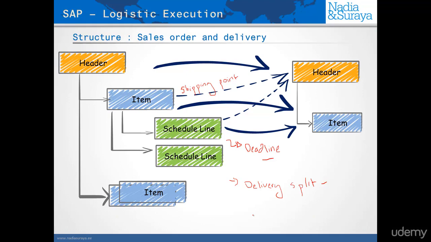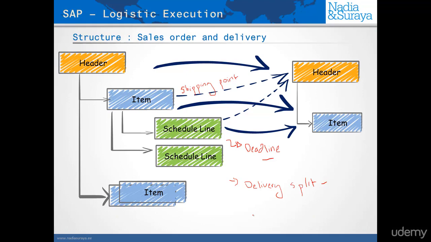That will cause a delivery split. Or if you have a schedule line that has more than one delivery deadline, that will again cause a delivery split, because the delivery deadlines, the goods issue date or the delivery arrival time, are copied onto the header level. Having different ones on different items again will cause a split.